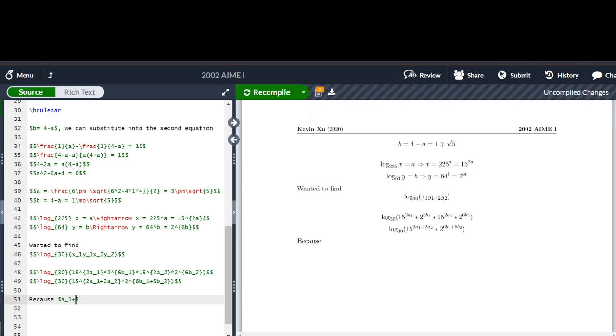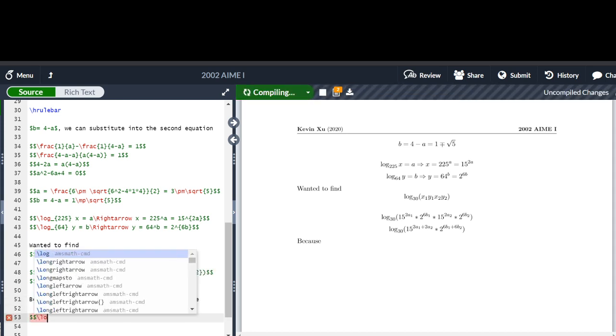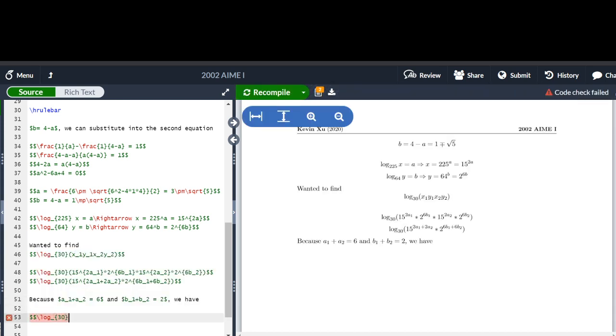So because a1 plus a2 equals 6 and b1 plus b2 equals 2, we have that this is logarithm base 30 of 15 to the power of 2 times a1 plus a2, which is 12, times 2 to the power of 6 times 2, also 12.